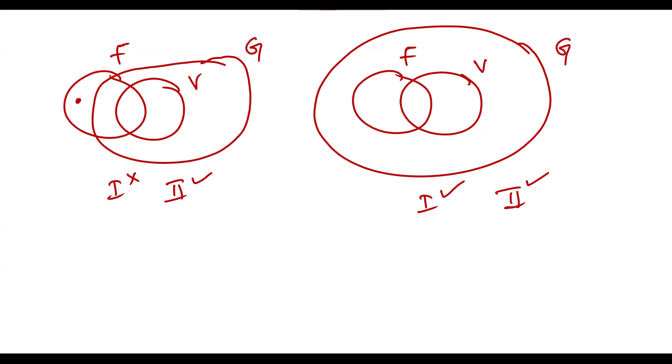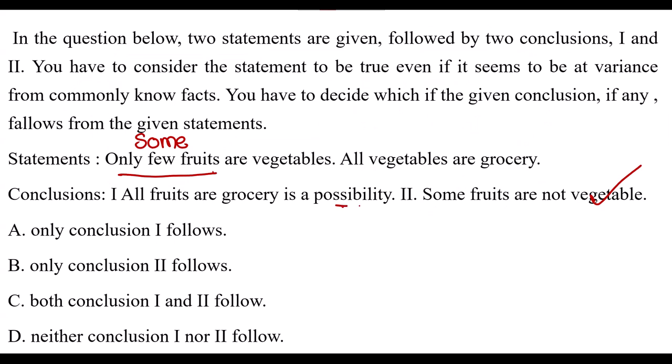Now, all fruits are grocery is there. Whenever there is a possibility word, satisfying one diagram also we should consider. Generally a conclusion means true in all diagrams, but when there is a word called possibility, one diagram satisfying we should also consider. So option C is correct.